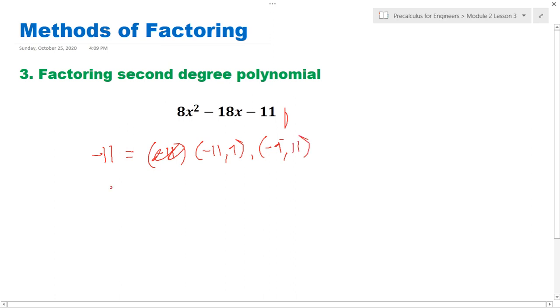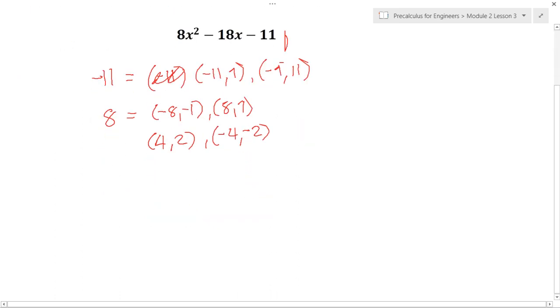How about for 8? 8 can be written as negative 8 times negative 1. And then, we can also have 8 times 1. Or, we have 4 times 2. Or, negative 4 times negative 2. So, yun lang. Then, find the combination in order to arrive negative 18.